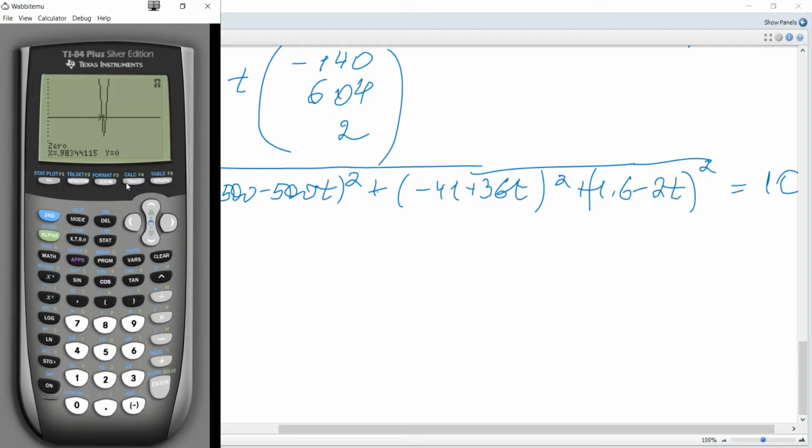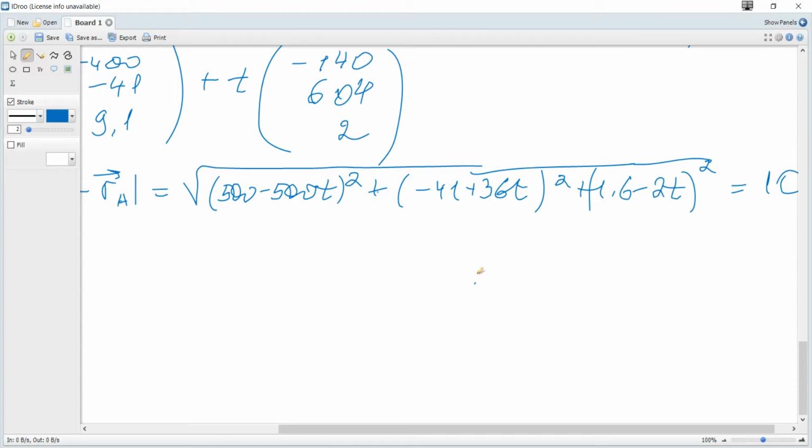So again, calc 0, left bound, right bound, guess, it's 1.02, and you can see that in between these zeros the function is negative.